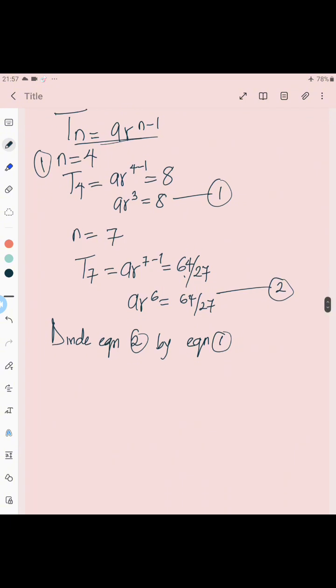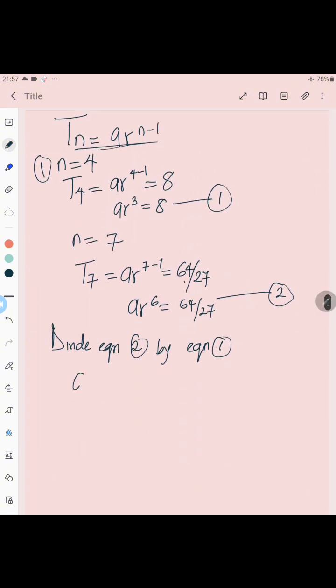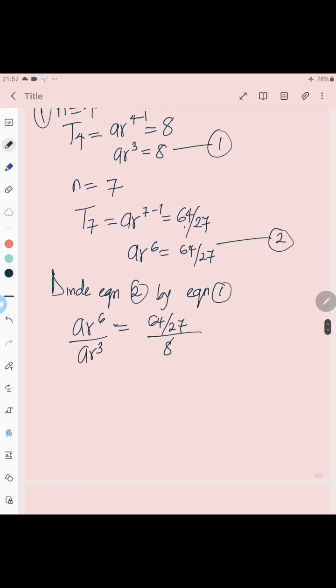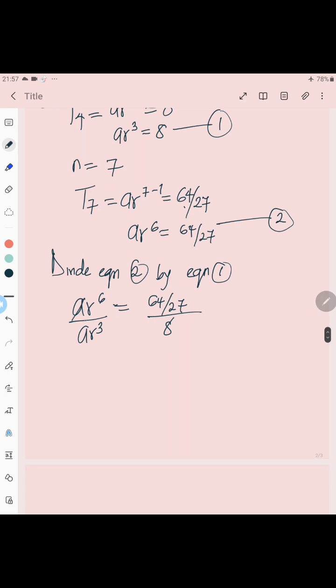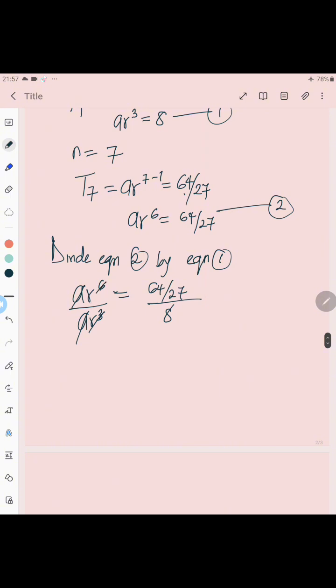Dividing equation 2 by 1 is going to be AR raised to the power of 6 divided by AR raised to the power of 3 equal to 64 over 27 all over 8. Simplifying this, we can see that A cancels A here, and R to the power of 3 cancels R to the power of 3 at the numerator, so we are left with R to the power of 3.